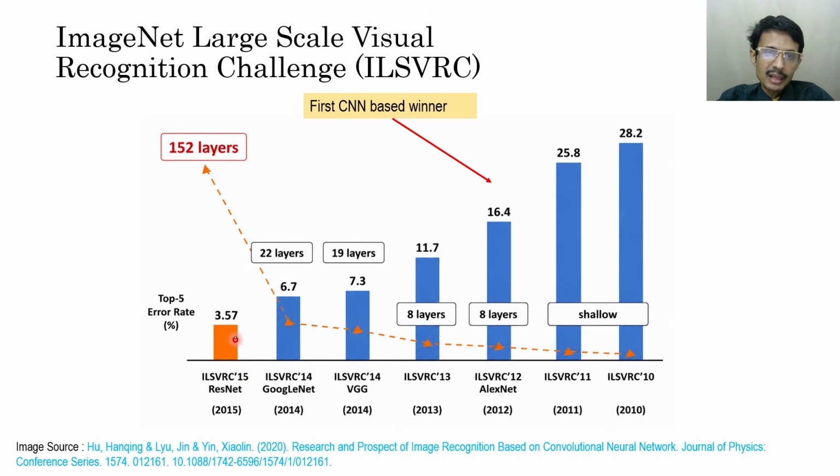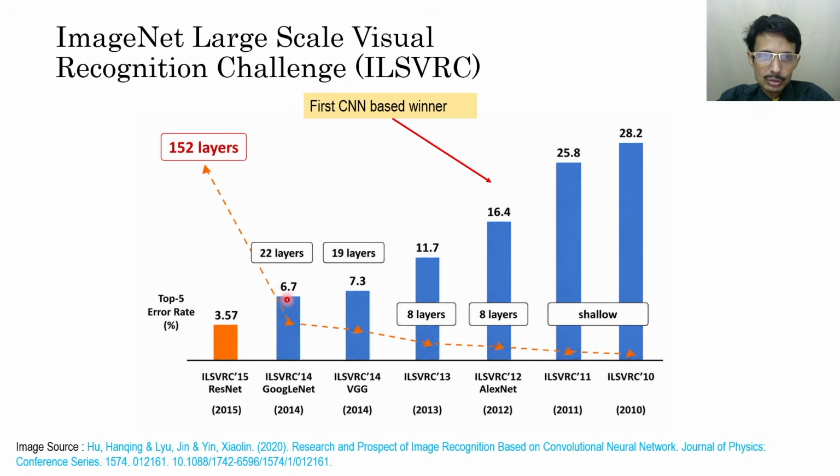And you can see here the number of layers is very high in comparison with previous architectures like GoogleNet, which had 22 layers. Now it can go up to 152 layers. So it's a huge jump.